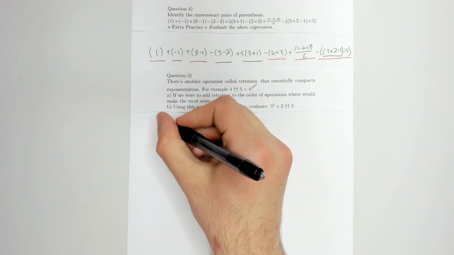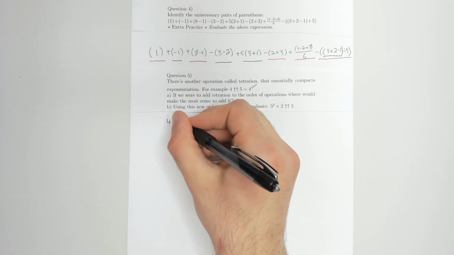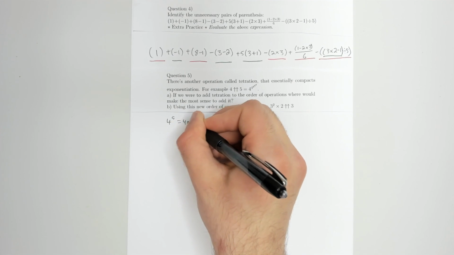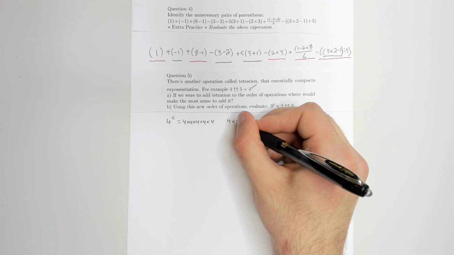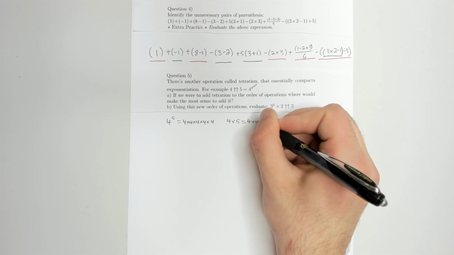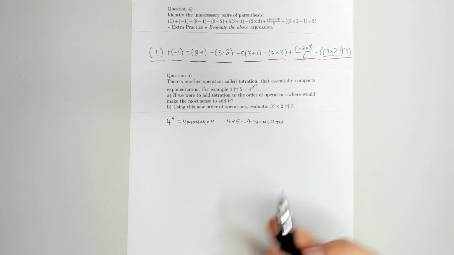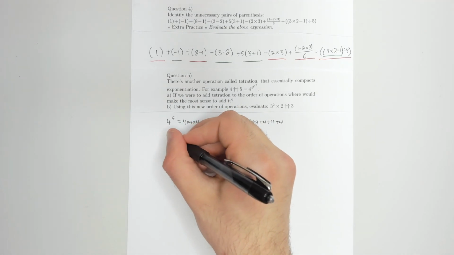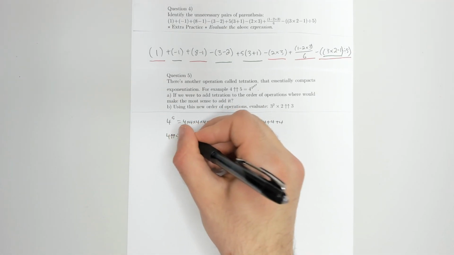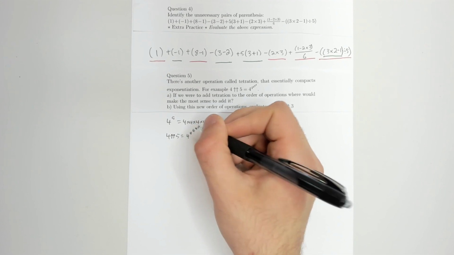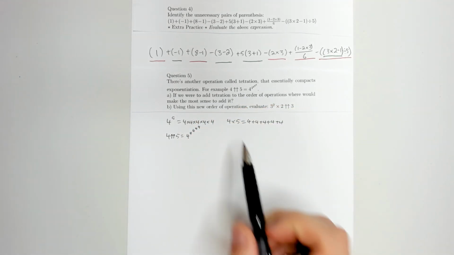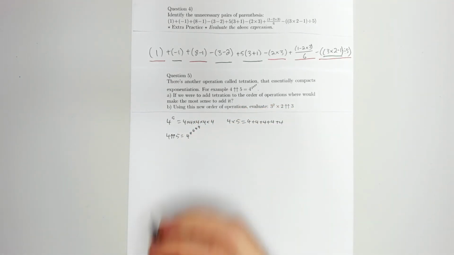So we know that something like 4 to the power of 5, that is just 4 times itself 5 times. And we know that 4 times 5, that is 4 plus itself 5 times. This tetration is essentially just taking that idea a step further, where we do 4 tetration 5. That's just 4 to the power of itself 5 times. It's just kind of a natural extension of this pattern we've already been using.